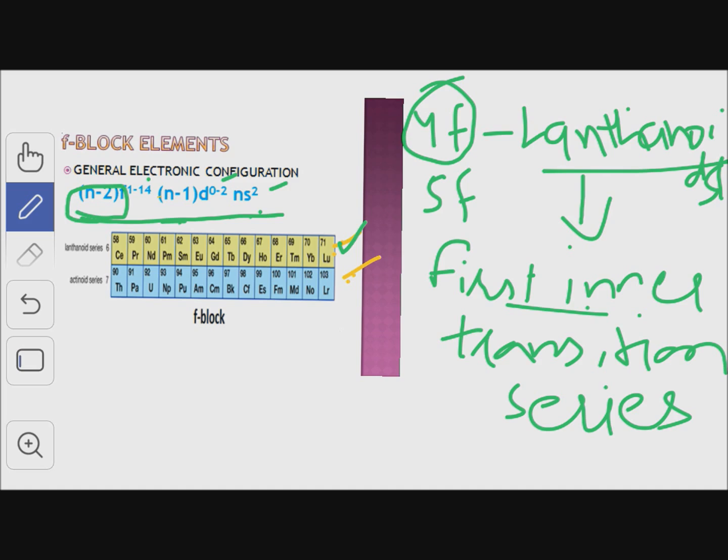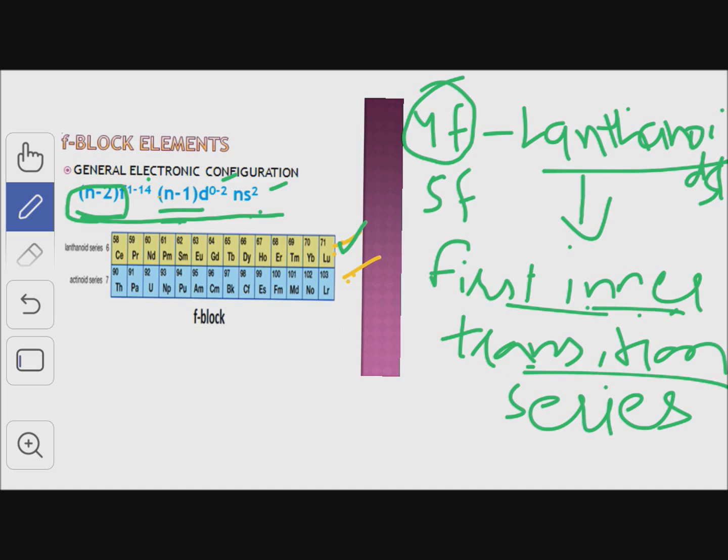When the electron enters into the n minus 1 d orbital, then it is called a transition element. But in f block elements, the last electron enters into the antepenultimate energy level, that is the n minus 2 f orbital. That's why it is called an inner transition element.